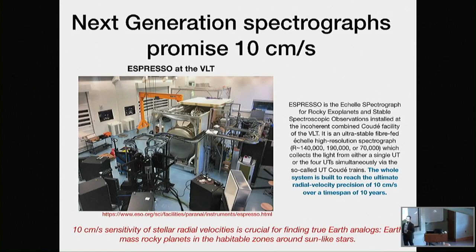But the next generation spectrographs are all promising 10 centimeters per second. And in my night job, I'm looking for exoplanets, and we all promise we're going to find terrestrial exoplanets.